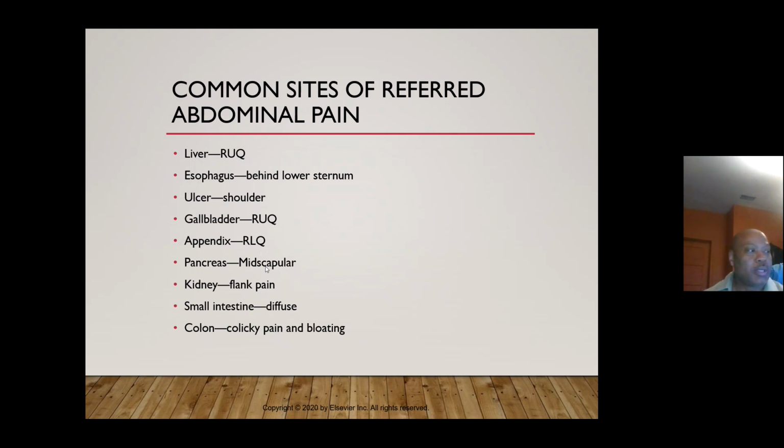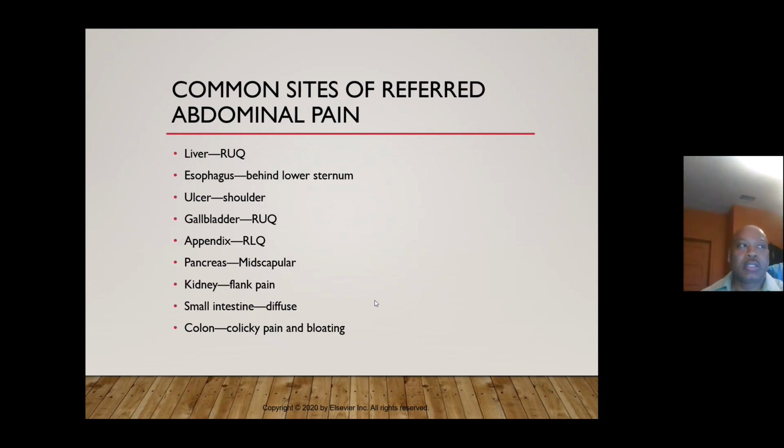This is a distinctive one here, like the pancreas. The esophagus is found behind the lower sternum, and an ulcer, particularly of the stomach, is referred to the shoulder, and so forth and so on. So it's not exactly where you would think it would be.